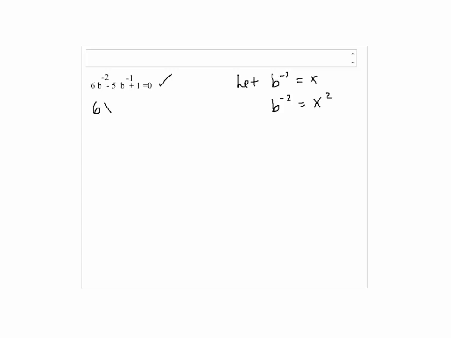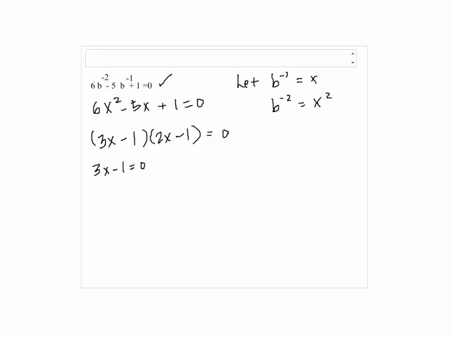So we have 6x squared minus 5x plus 1 equals 0. And we can factor. So we have 3x minus 1 times 2x minus 1 equals 0.